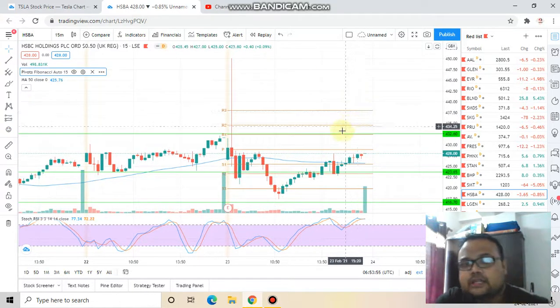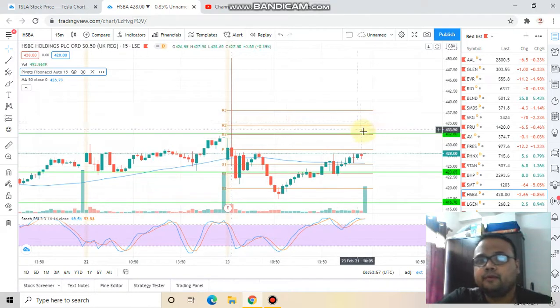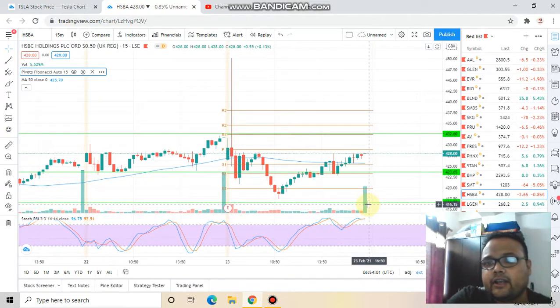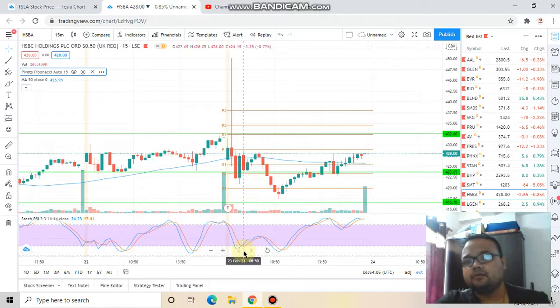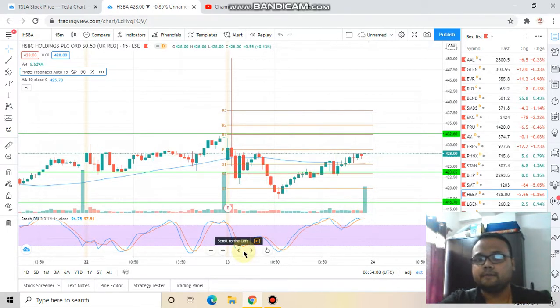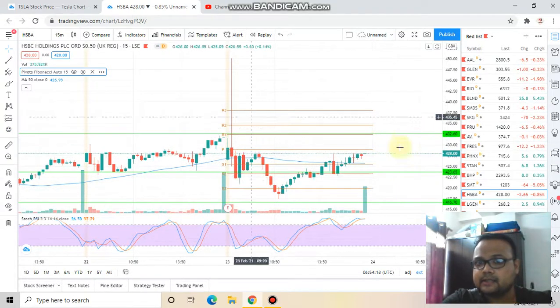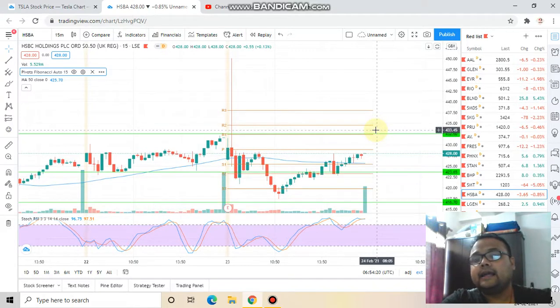Your strategy today for HSBC Holdings should be to buy above this level and sell below this level. Right now trading at 428, buy above 432.60 and sell below 416.70. But remember one thing, if the market opens between this range and gives a breakout like this, let the market sustain above the 432 level for 15-20 minutes.